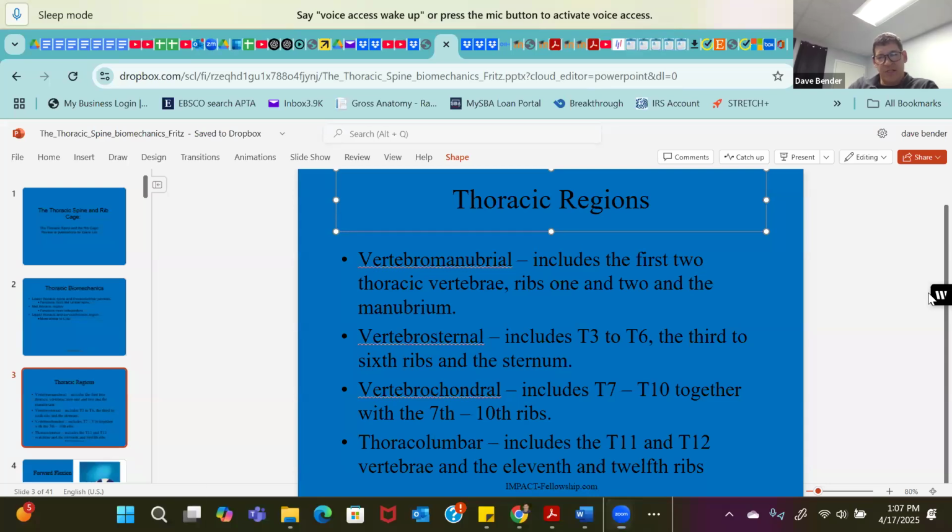In these regions, in particular the facet joints, or the joint alignment of the vertebrae at the costotransverse joint, will be slightly different because those costotransverse joints have a slightly different alignment as we get lower into those regions.